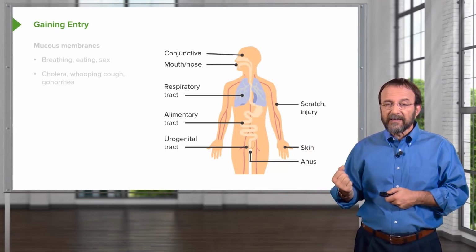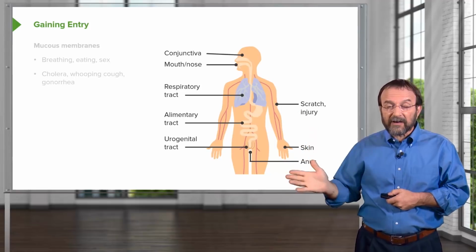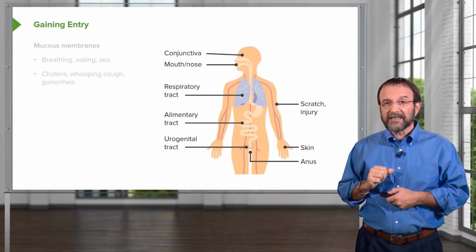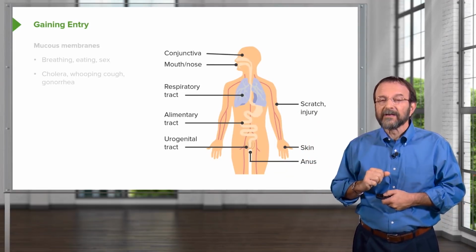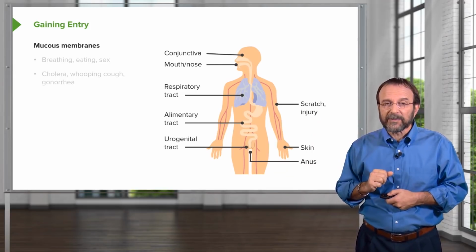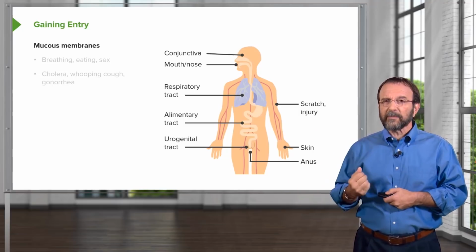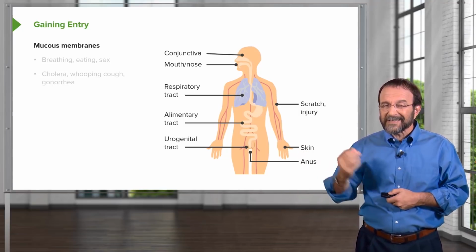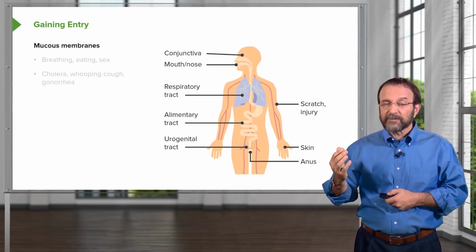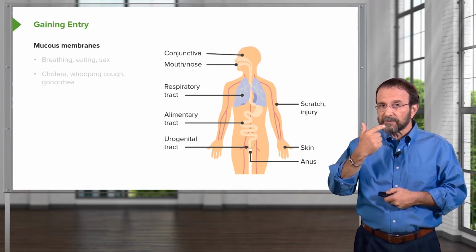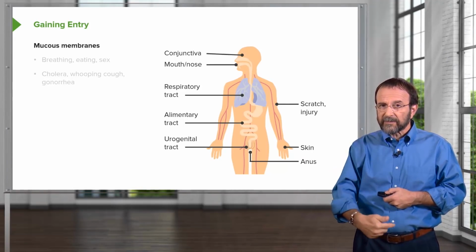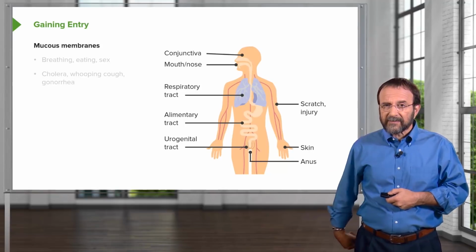Here's a human body which provides a very large spectrum of places for bacteria to enter. A very common place is a mucous membrane. We have mucous membranes all throughout our body, our eyes, our mouth and nose, the entire alimentary tract, which is essentially a very long tube starting from our mouth, going through our intestines and out the anus.